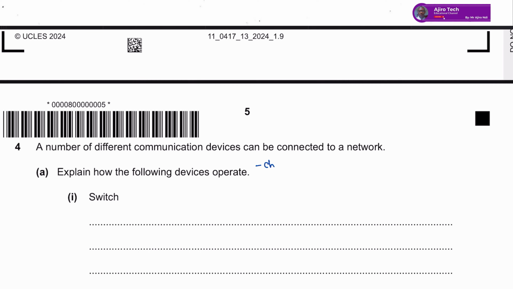So this is chapter 4, networks and the effects of using them. So let's talk about a switch.